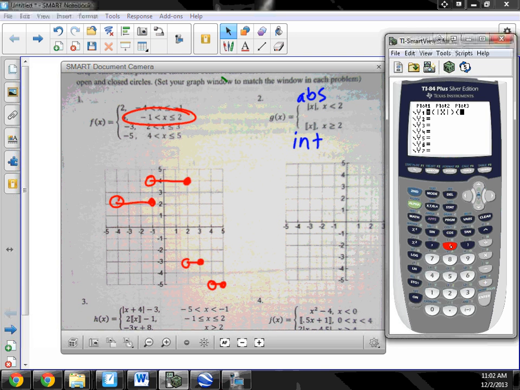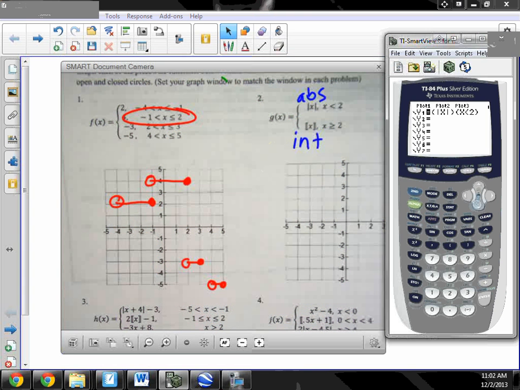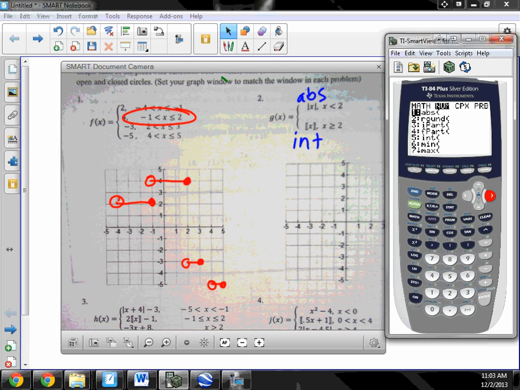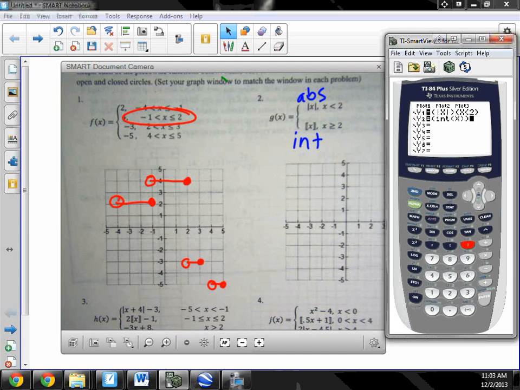X less than 2. For the next one, you do parentheses, math, number, and number 5 is the INT of x. And here you have to close 2 parentheses.